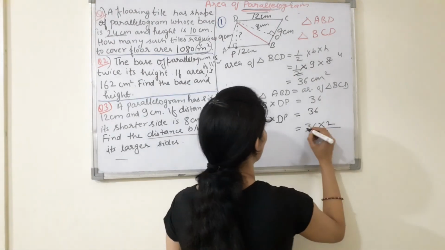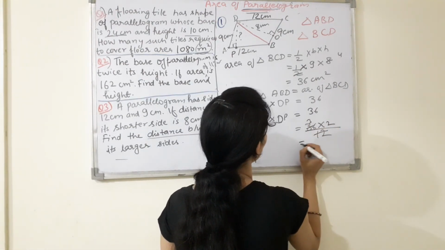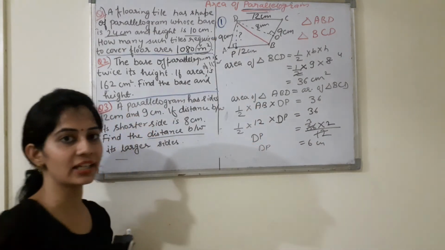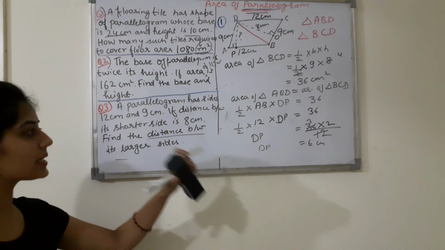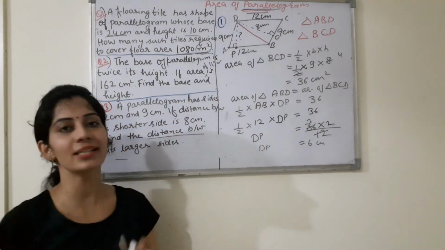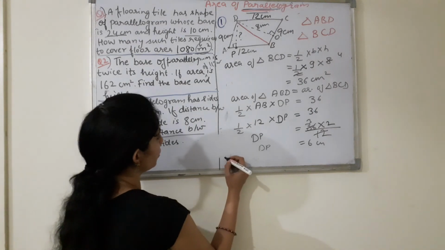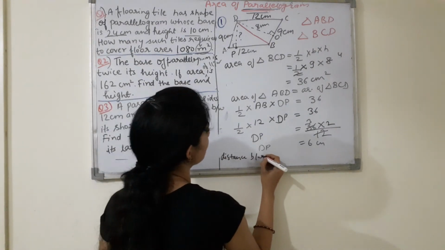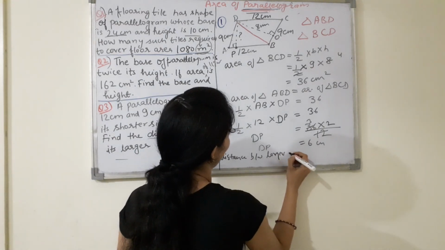So this is 12 times 3 is 36. 3 into 2, 6 centimeter. It means DP is what? 6 centimeter. It means DP is the distance between the larger sides. How much is the distance between both larger sides? 6 centimeter. Right?